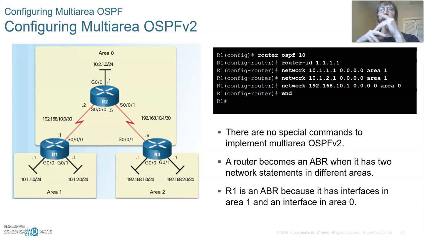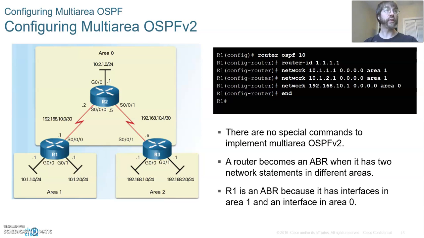Say, for example, router 1 and router 3. Because they've got networks or interfaces in other areas and at least one interface in the backbone area, they're both ABRs and backbone routers. Now, R2 has got all its interfaces in the backbone area, so it's an internal backbone router.